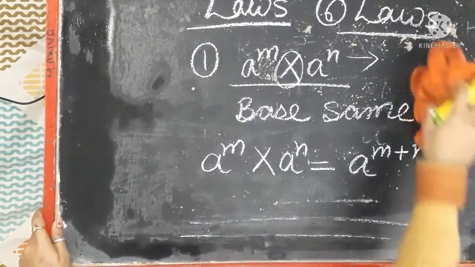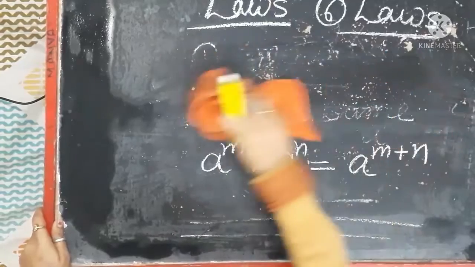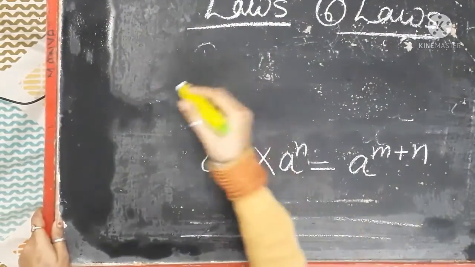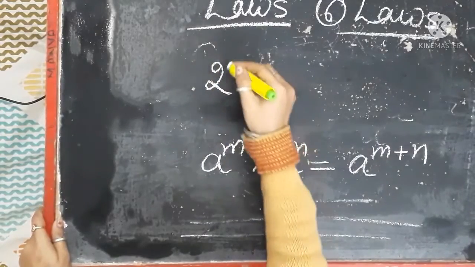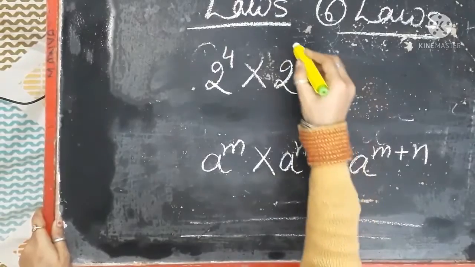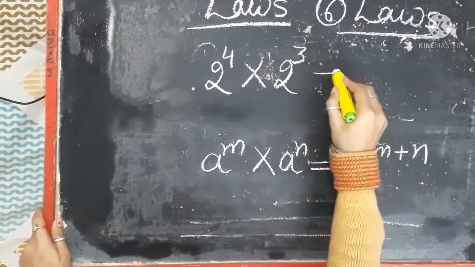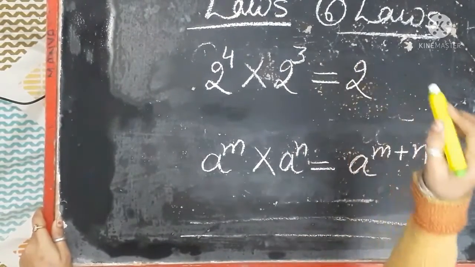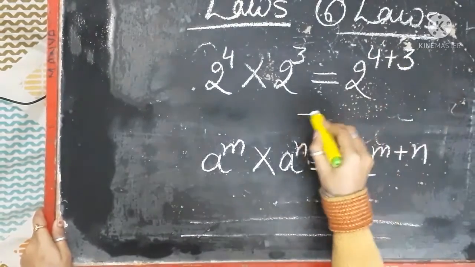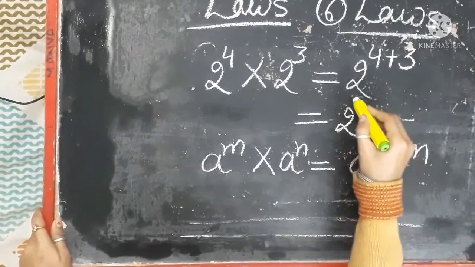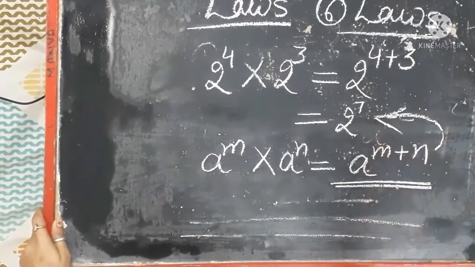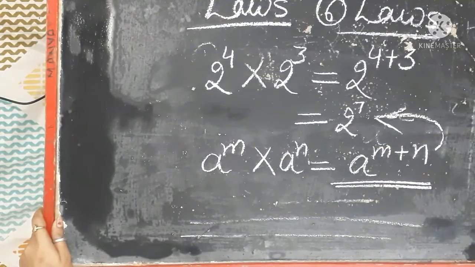Let's see how it works with an example. If I have 2 raised to the power 4 into 2 raised to the power 3, in that case 2 raised to the power 4 plus 3, which is equal to 2 raised to the power 7, and hence this law works.